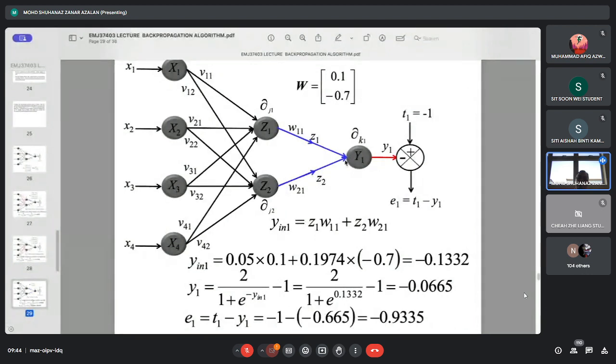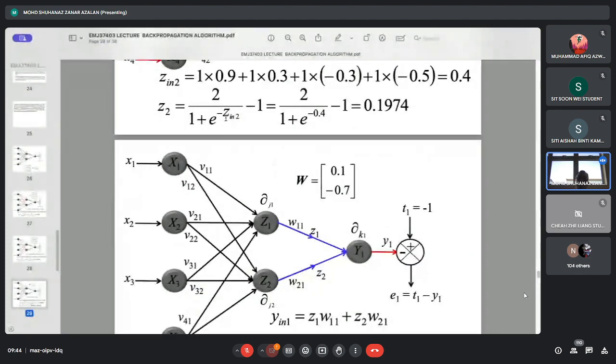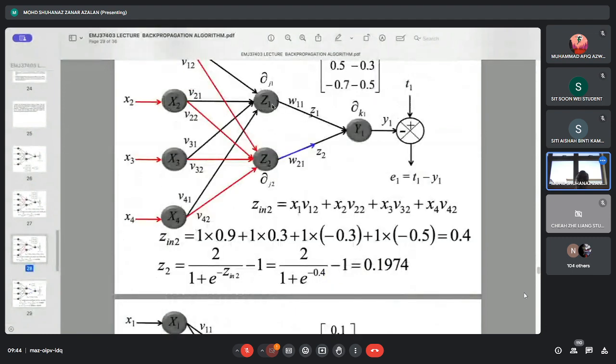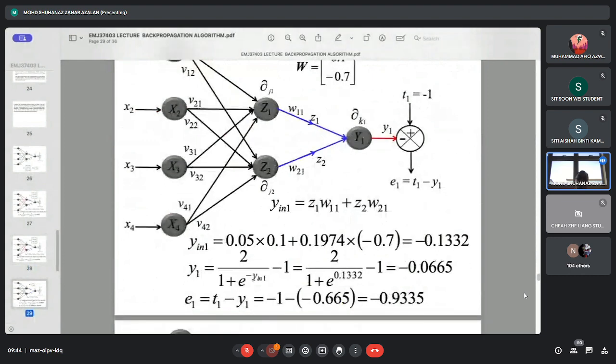So we have Y_in1, the input into the output layer. Y1 is equal to 2 over 1 plus e to the minus Y_in1, minus 1, same as here. Because this is Y_in, we use the minus Y_in.